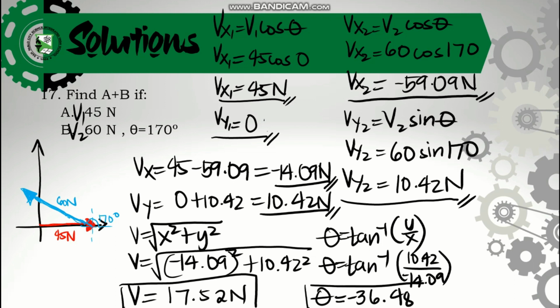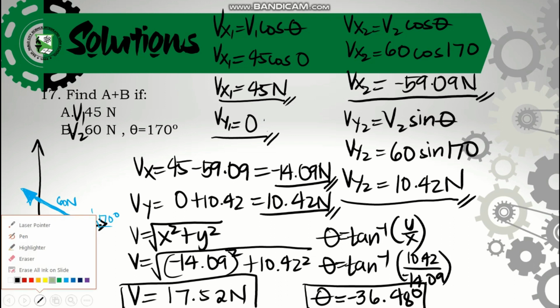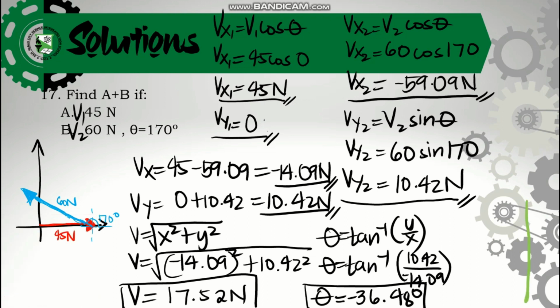Ma'am, bakit nga po negative? Kasi siya ay clockwise. So as you can see the resultant graph here, don't worry, actually sa long quiz ay you don't need to graph it. Wala namang graphing doon. But for you to know yung concept talaga niya, you're going to draw the negative 14.09 and then 10.42.